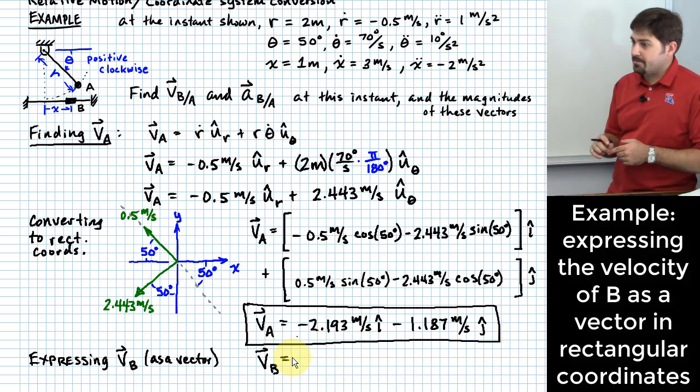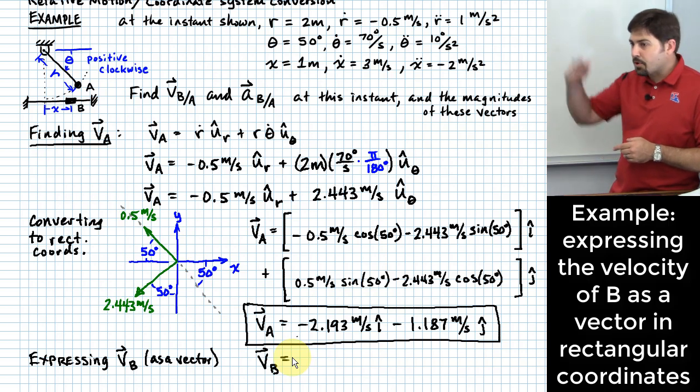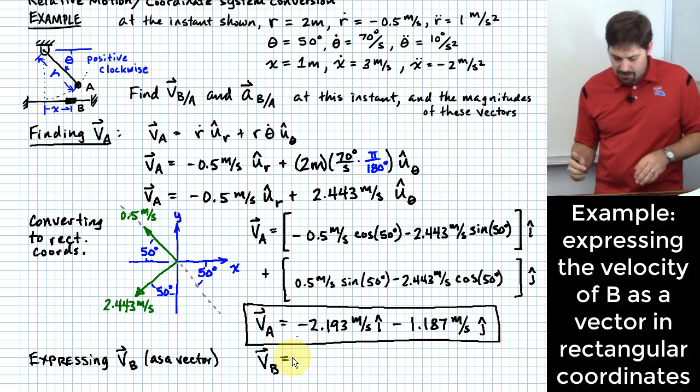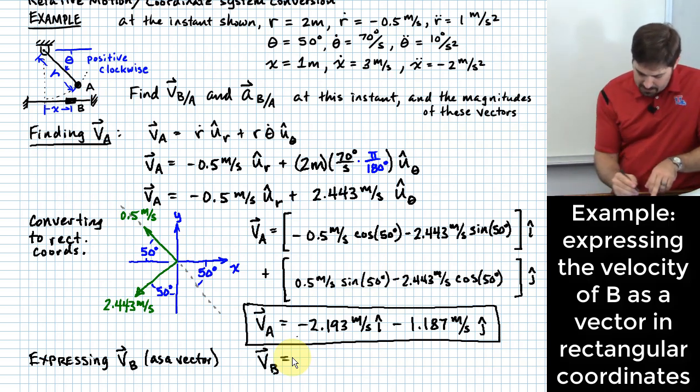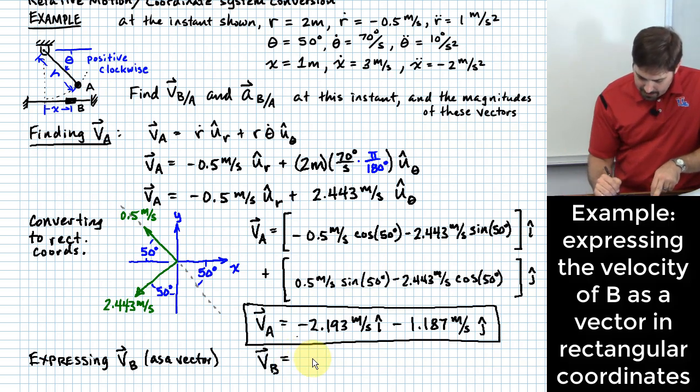I'd say not. It's sliding on a horizontal rod, so it has no vertical motion component associated with it. To express this, we would just have the velocity of that part, which is 3 meter per second i. What about j? Nothing.